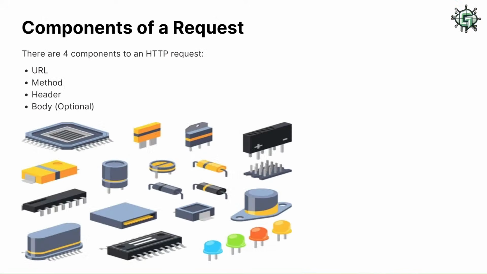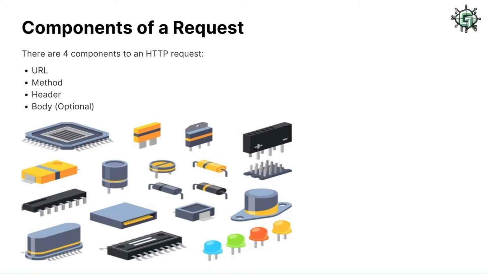So let's come to the components of a request. When you send a request to an API, these are the four main parts: URL, method, header, and body. The URL is where you are sending to, the path you need to communicate with. The method is like the menu items I mentioned, like get and post. Next comes the header, extra info like authentication, whether it requires any permission or not.